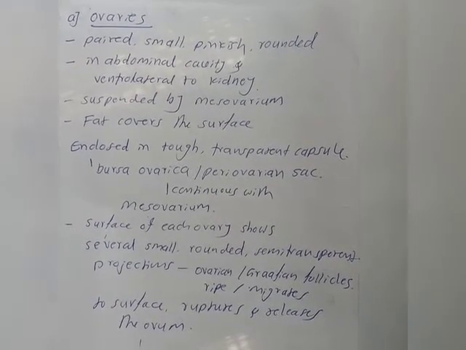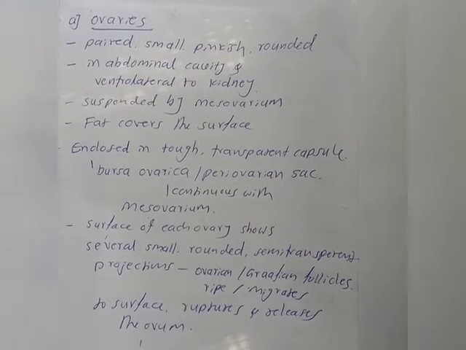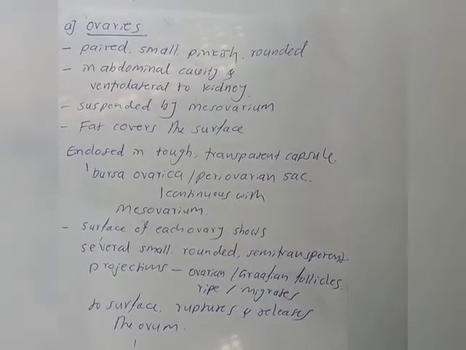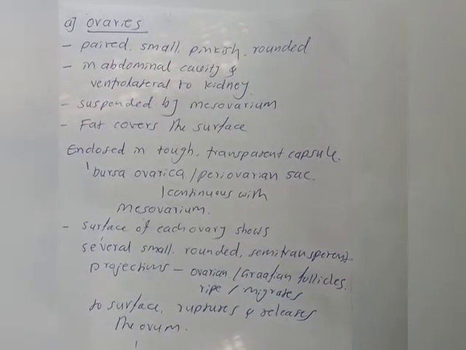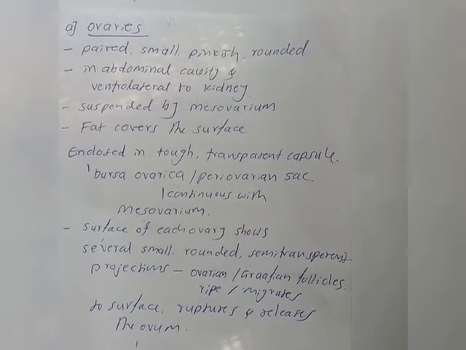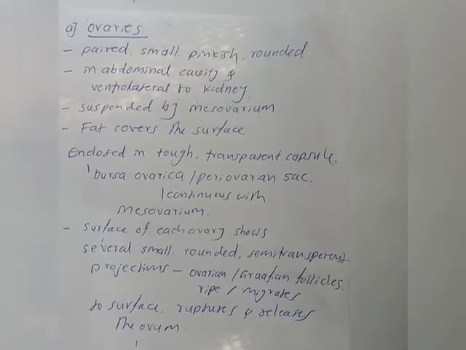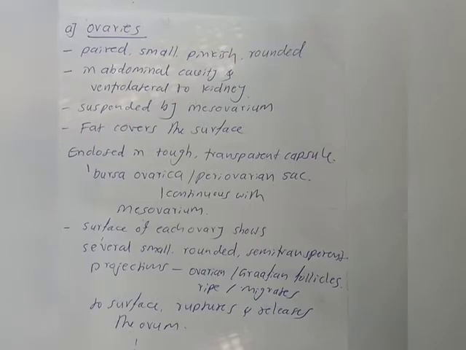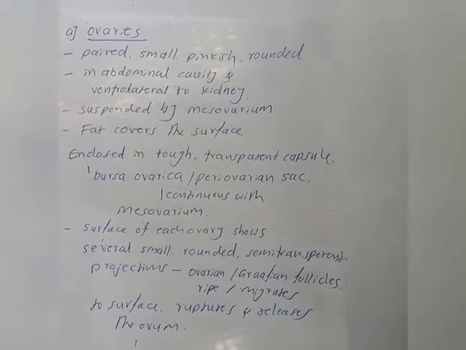The ripe Graafian follicle migrates to the surface, then ruptures and releases the contained ovum. This act is known as ovulation. म्हणजे त्या ओव्हरीमध्ये अंड तयार होऊन जे बाहेर येतं, that is ovum. That process is called ovulation.